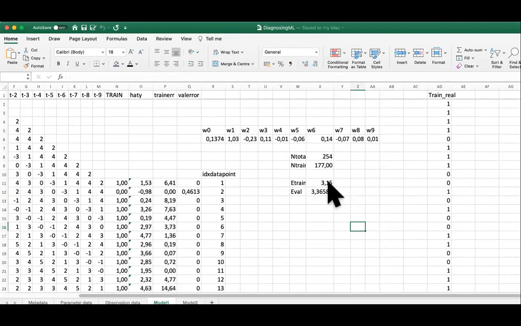Training error goes down because I use a larger model. But at the same time, the validation error goes up, 3.6.